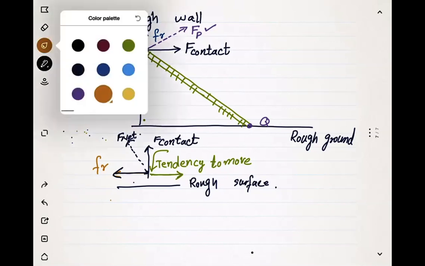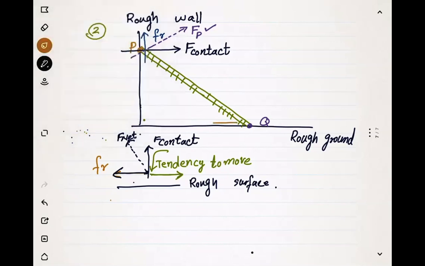This is the friction on Q, and the normal contact force on Q is perpendicular to the surface.